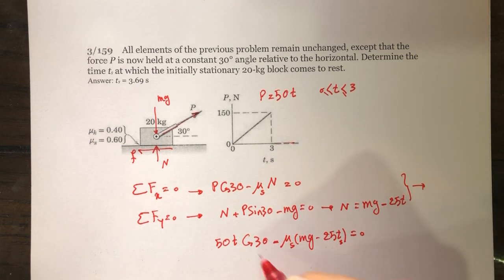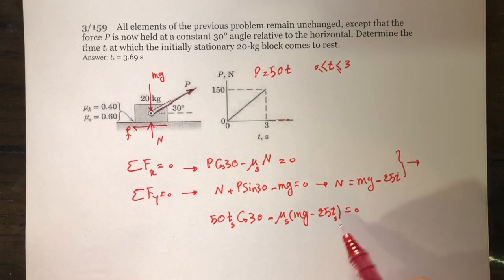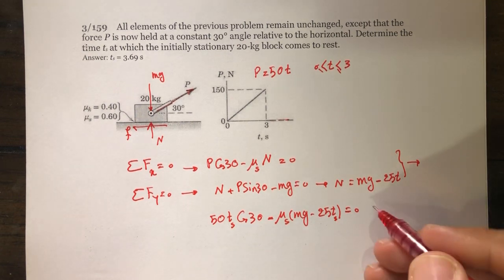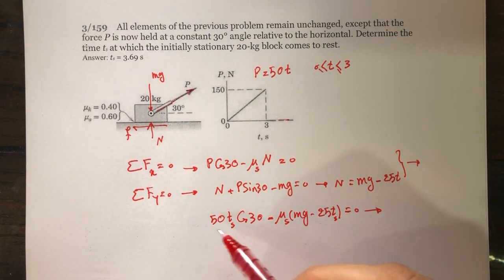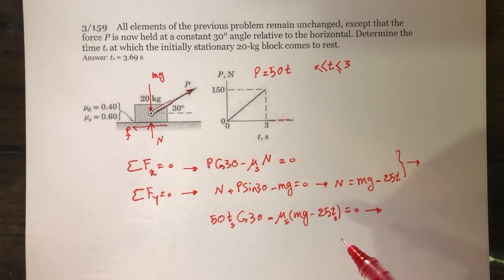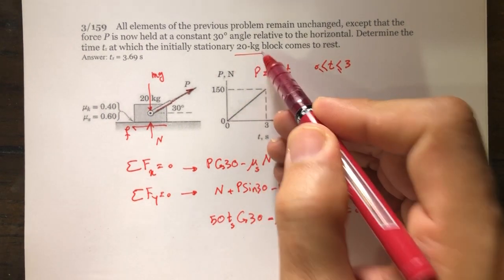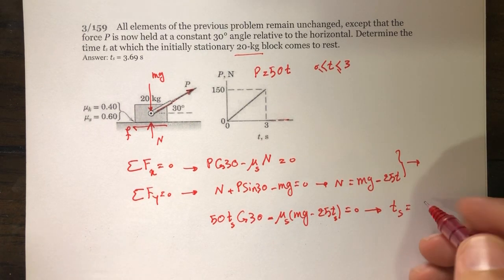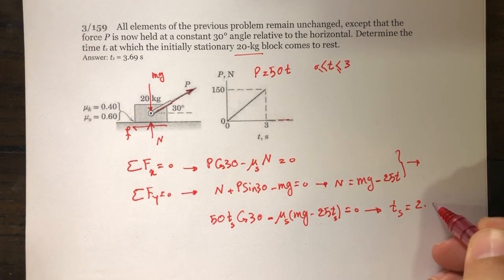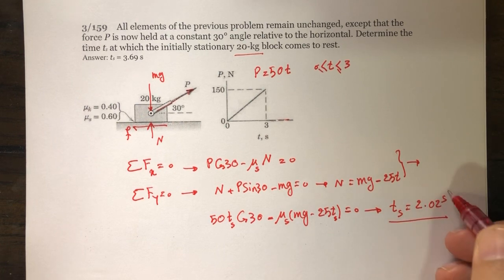So at that moment, we are going to have this equation. If you look at this equation, we have everything except ts. So we can find ts from this equation. We know the mass, mu s, and everything. They are all given. The mass is 20 kilograms. So from here, ts, if you calculate it, is going to be 2.02 seconds.